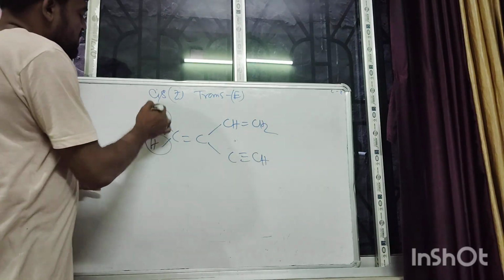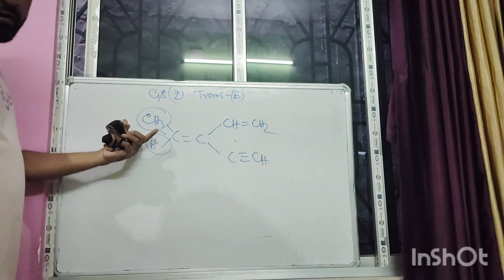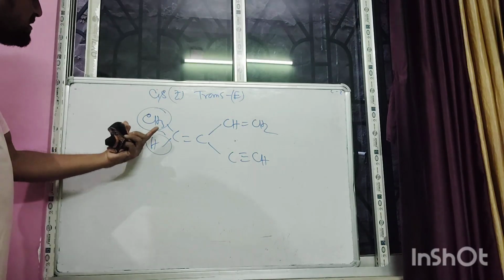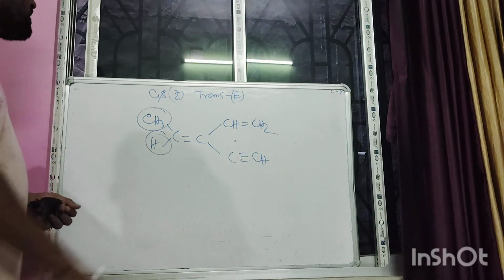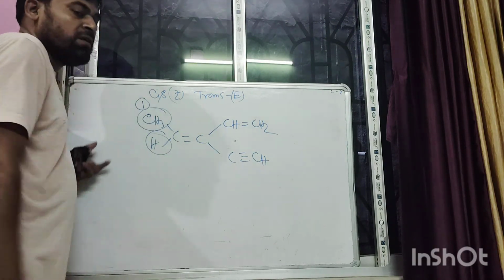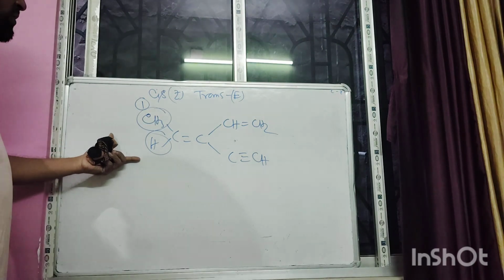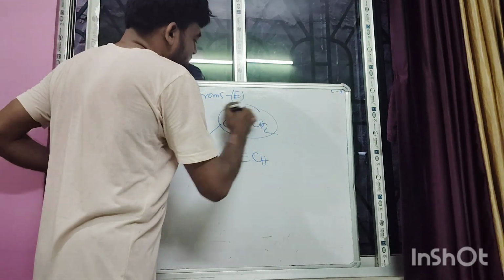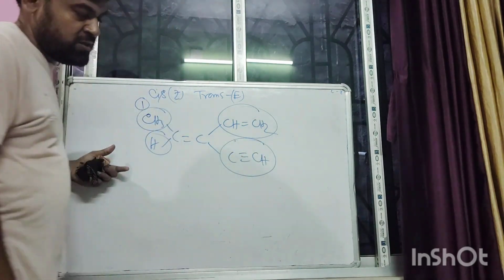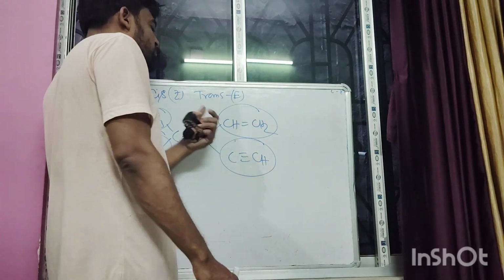In the case of H and CH3, it depends on the atomic number. Between CH3 and H, CH3 has higher priority than hydrogen. And in the case of CH double bond CH2 and C triple bond CH, here we consider imaginary parts.